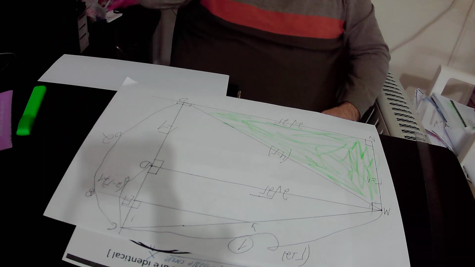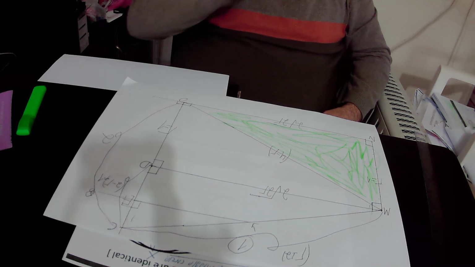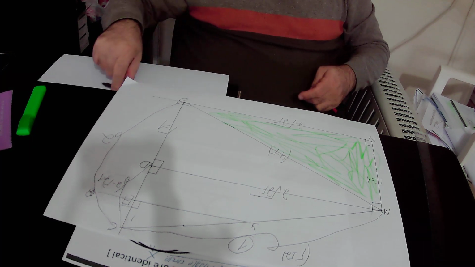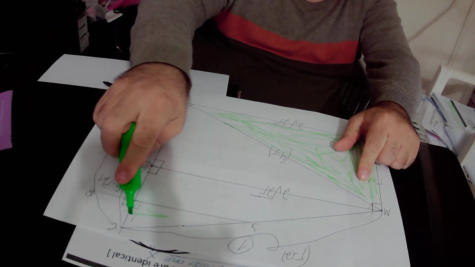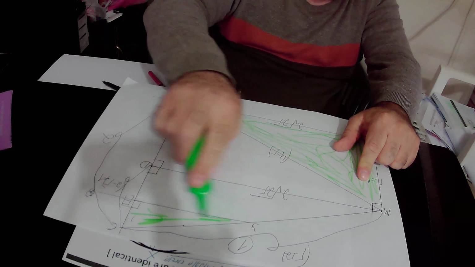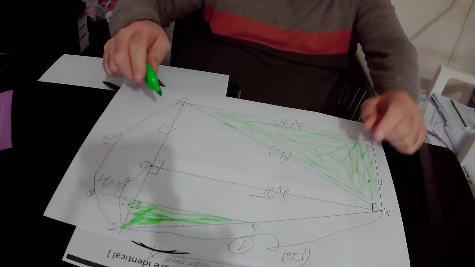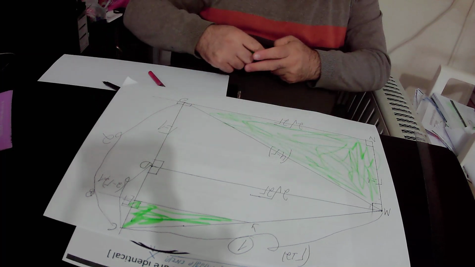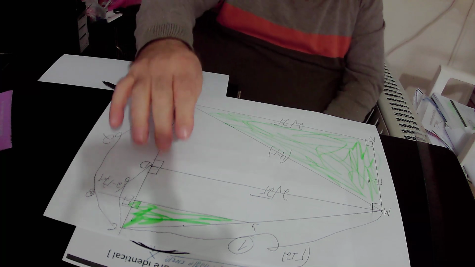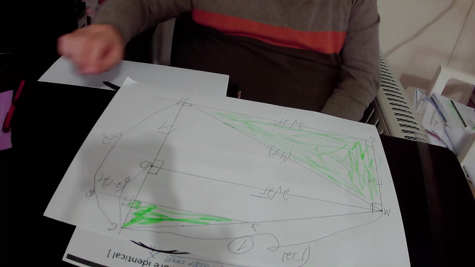And then we will focus on the right green triangle, triangle CEY, and we will also focus on the right triangle, triangle CDM. And we will prove that those two triangles are similar to each other.